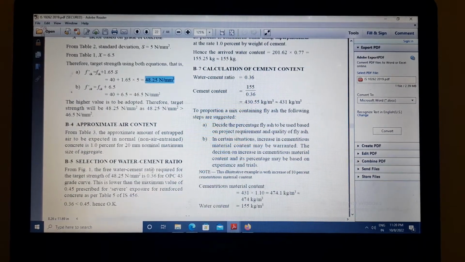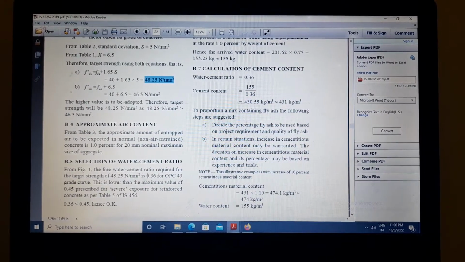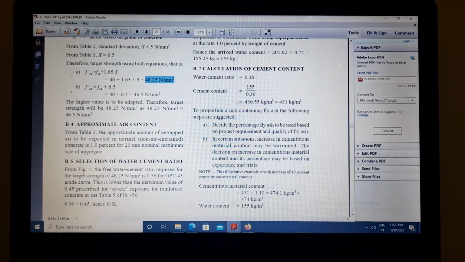Next, selection of water cement ratio. You should decide the water cement ratio based on the required target mean strength. Here our target mean strength is 48.25. So the water cement ratio is decided based on the type of cement we are using and the workability requirement.